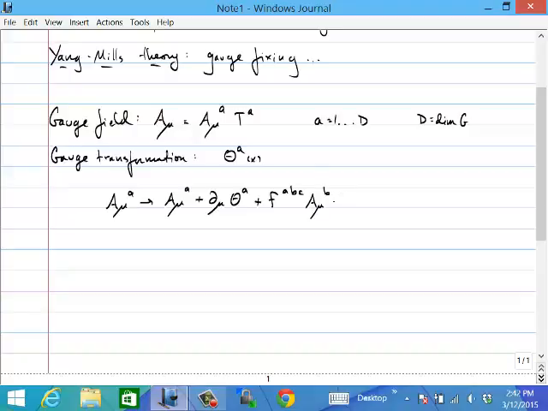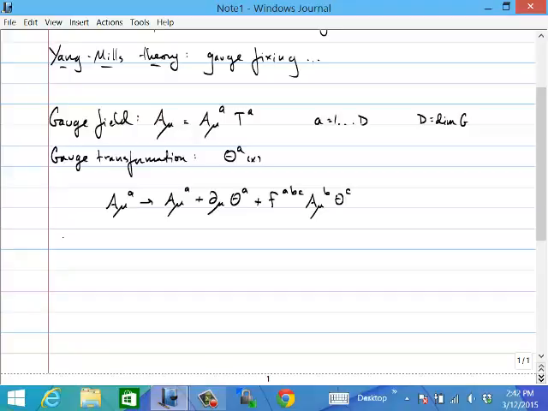that essentially involves the fact that our gauge group is now non-trivial, so that the structure constants f^{abc} are non-trivial. And it's really this extra term in the gauge transformation that's going to lead to all of the subtleties with gauge fixing in Yang-Mills theory that we'll have to talk about today.